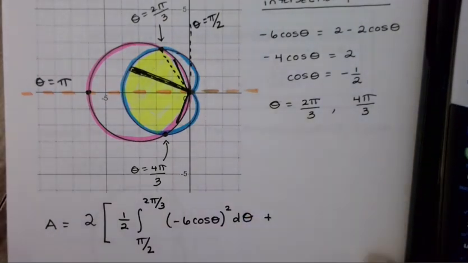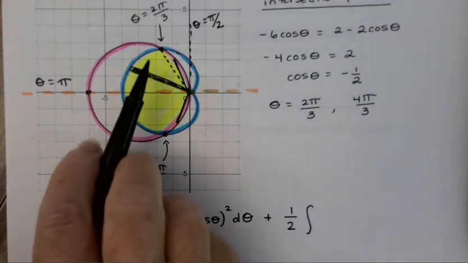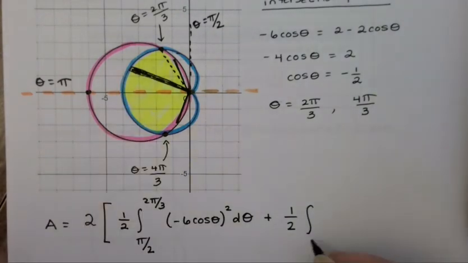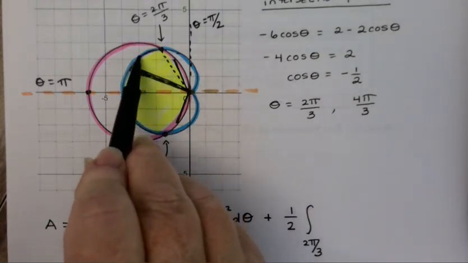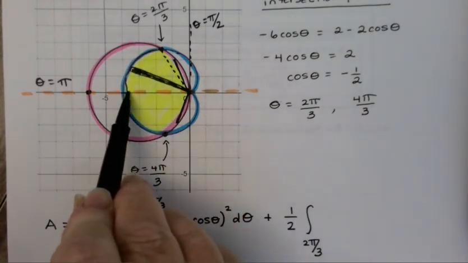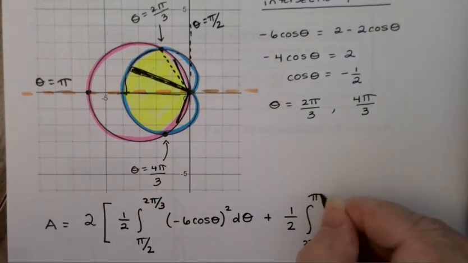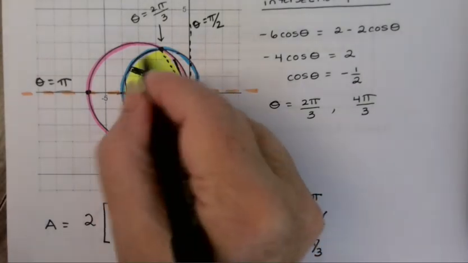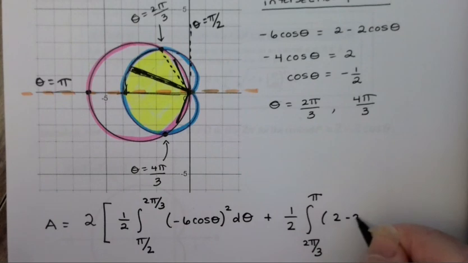Now I have to add the next piece. Area formula again, 1/2. And this time I'm starting where I left off at 2 pi over 3. And this time I'm going to continue along the edge of that cardioid until I get down here to theta equals pi. I am going to the edge of the cardioid now. So for my r, I'll use 2 minus 2 cosine theta.